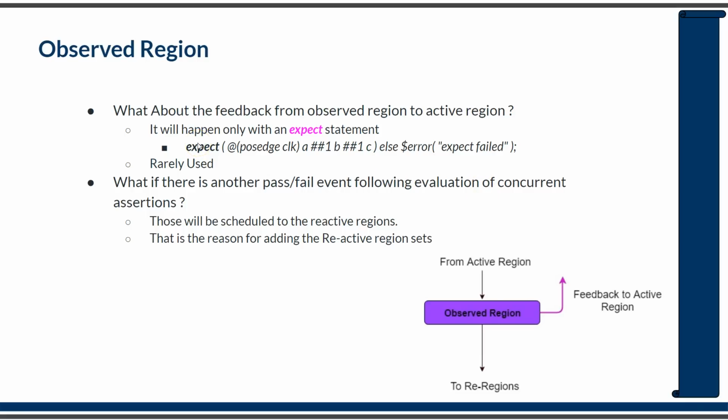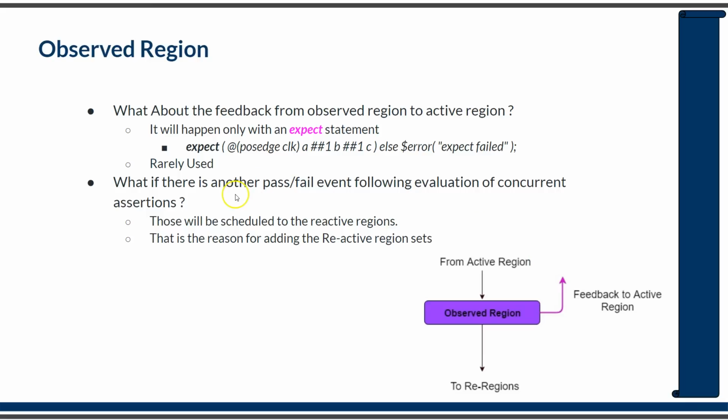If it is written in a program block, it won't happen. So this feedback will happen only in case of an expect statement written in a module, and this statement is very rarely used in SystemVerilog coding. So usually the feedback from the observed region to the active region will not happen in normal testbenches.